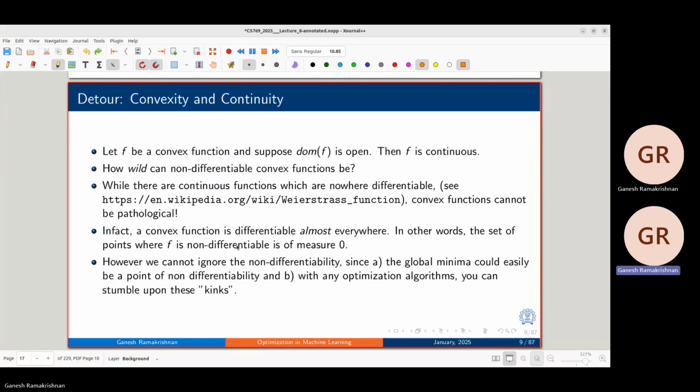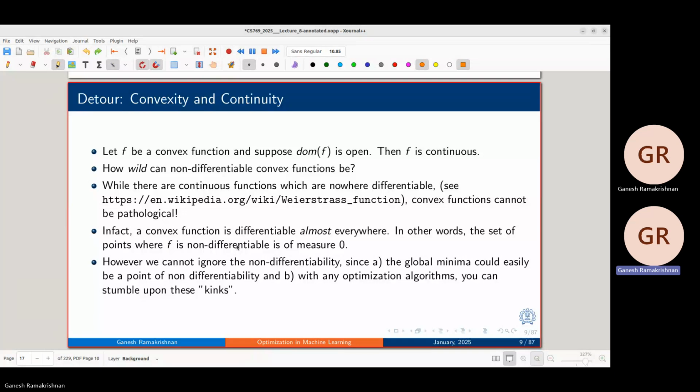Okay, so with this, we go to the question: what happens if the function is not differentiable but convex? How many such functions exist which are not differentiable but convex?